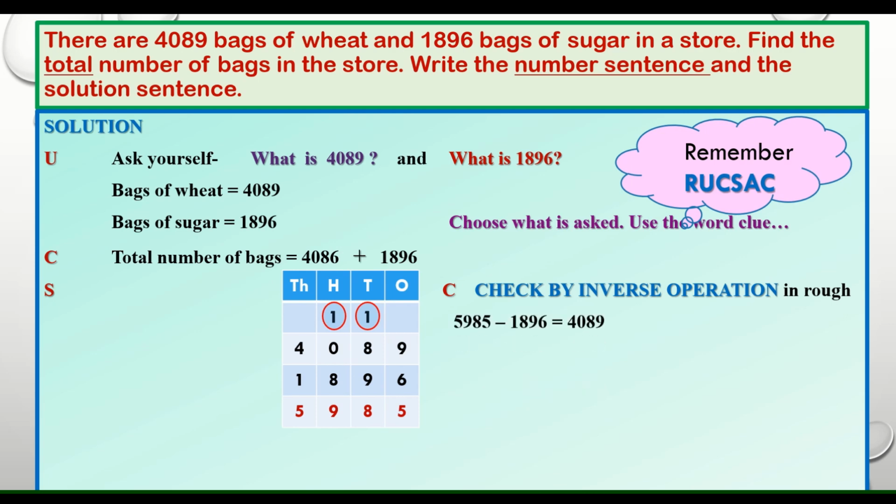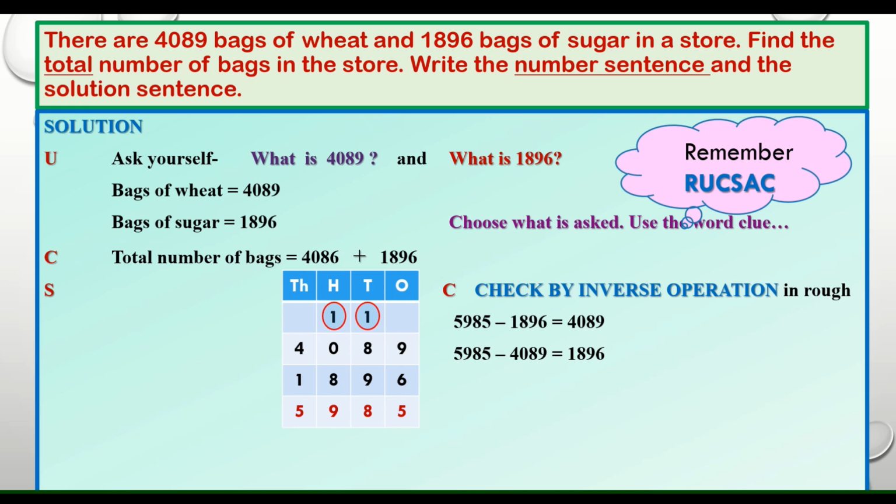Now according to RUCSAC, the next step is to check by inverse operation. Inverse operation of addition is subtraction. So how to check? Write the answer first, then subtract any one addend from it. You should get the other addend as the answer of subtraction. Then subtract the other addend, and you should get the first one.